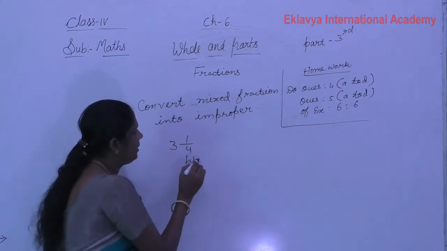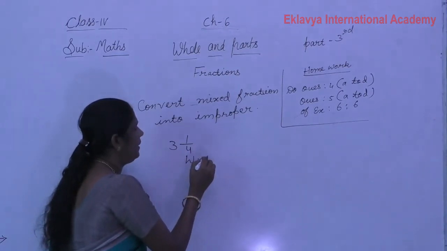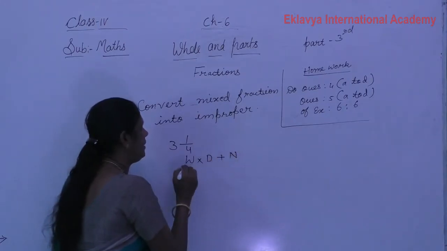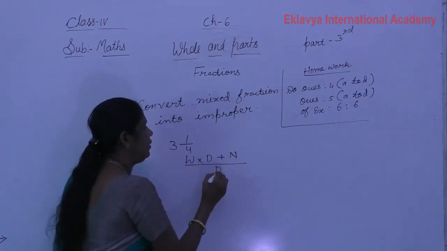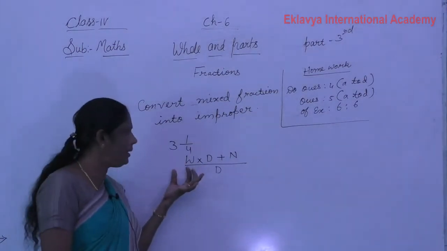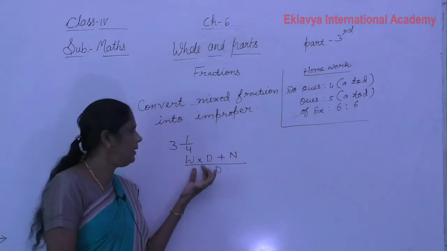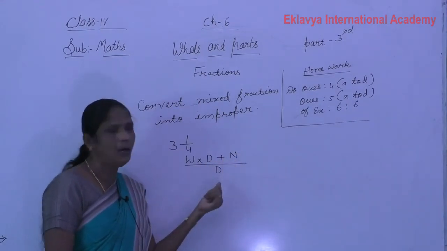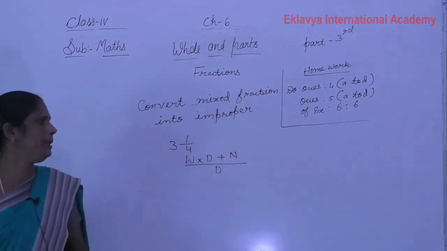Whole number multiply denominator plus numerator upon denominator.